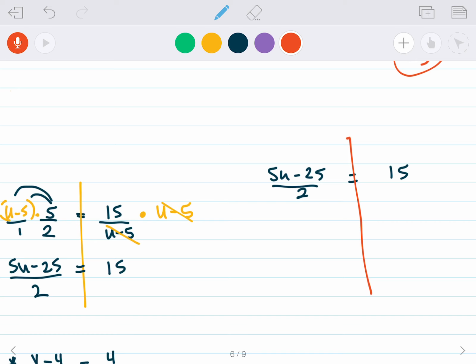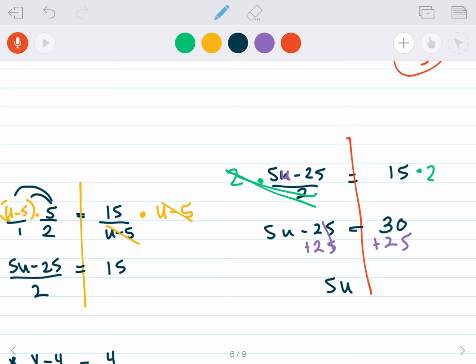So since I'm trying to solve for u, I want to undo division by 2. And to do that, I can multiply both sides by 2 to clear that. So I'm left with 5u minus 25 equals 15 times 2, which is 30. Now, on the left, I want u by itself, so I'm going to first start by adding 25 to both sides.